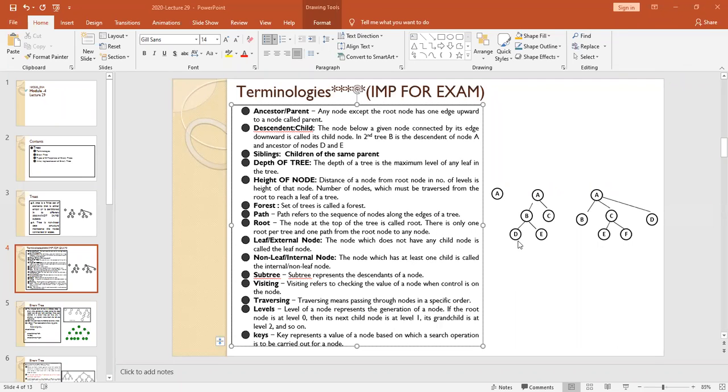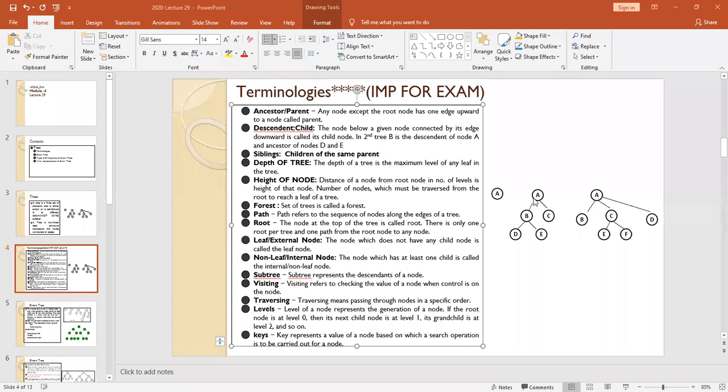So come for the second diagram, which are the internal nodes? Second diagram, internal nodes. So internal nodes, sorry, it can't be A. A we consider as root. A is considered as root.